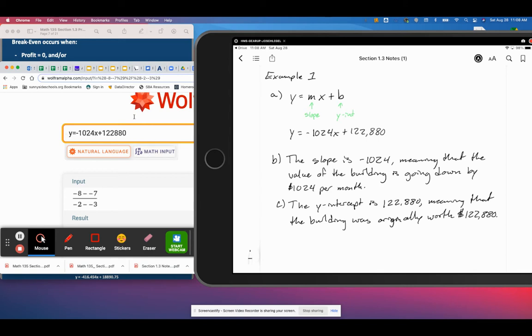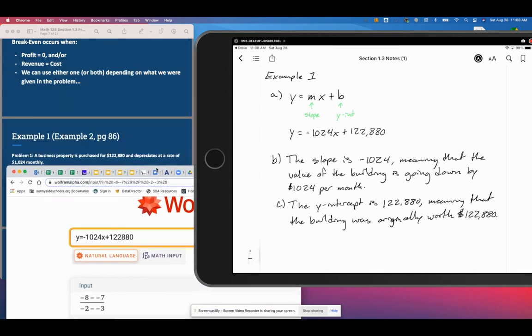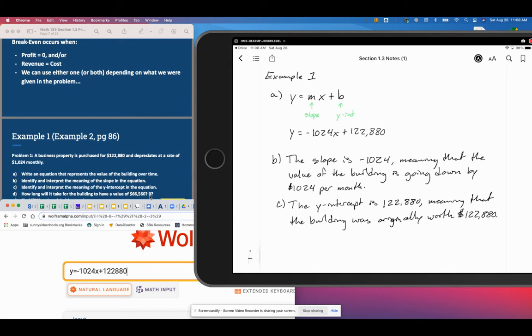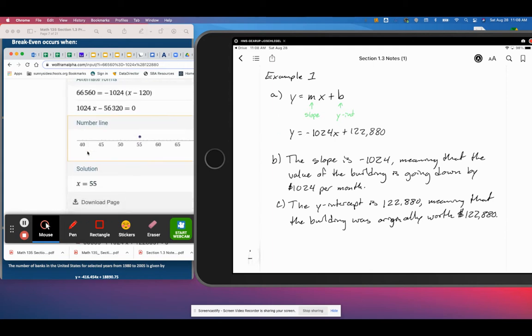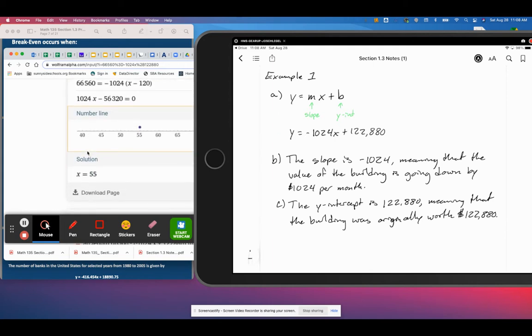And so again, what we're trying to figure out is when will the value of the building be 66,560. And so that's going to go in for our y value. Wolfram will do the work for us, and it's going to spit out 55. So that 55 is going to be 55 months.